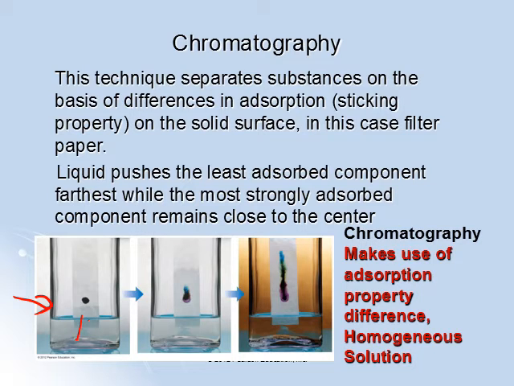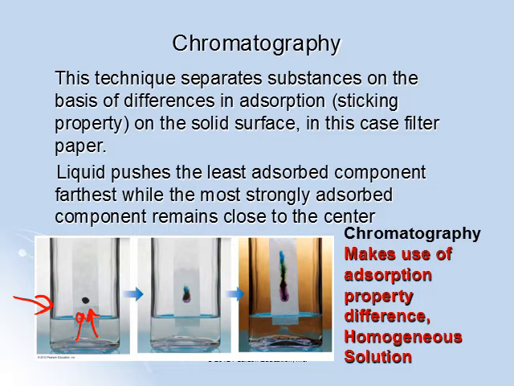As water rises through this filter paper, it pushes that ink drop, and you'd find that the ink drop, which appeared black, would be separated into different colors. So that tells you about the composition of the ink drop. The ink drop that appeared black really has different colored components, and when water pushes these components based on sticking properties, some of them go farthest away from the original location of the dot.